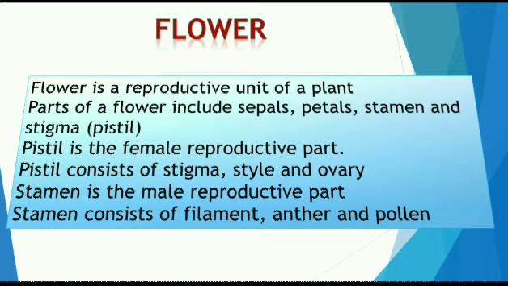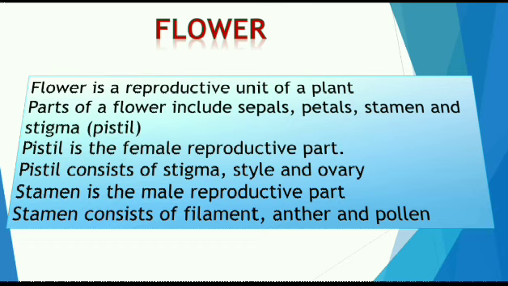So we'll start. The first one is the flower. Think about the Hibiscus rosa-sinensis, that is basically called China rose. Okay, you see all the parts. Flower is the reproductive part of the plant because it contains androecium, the male part, and gynoecium, the female part.